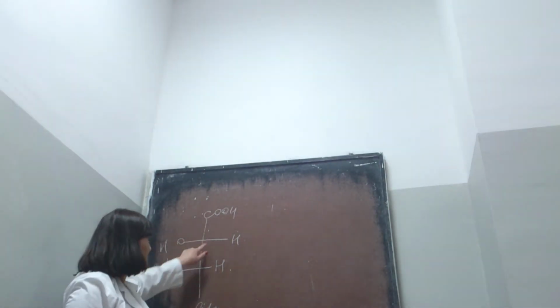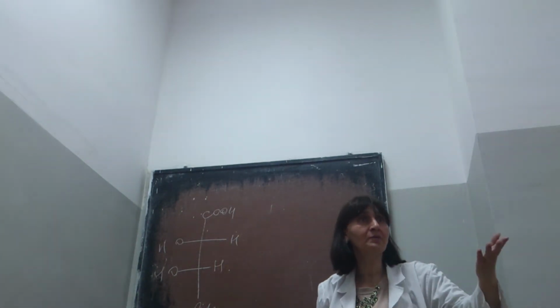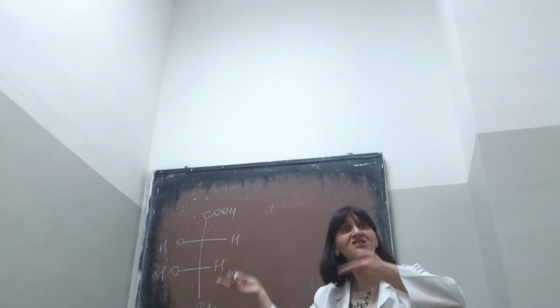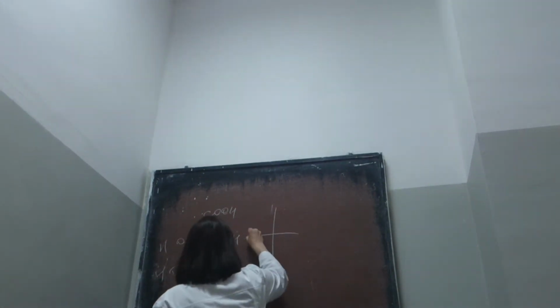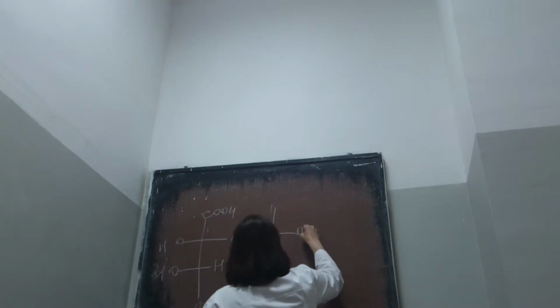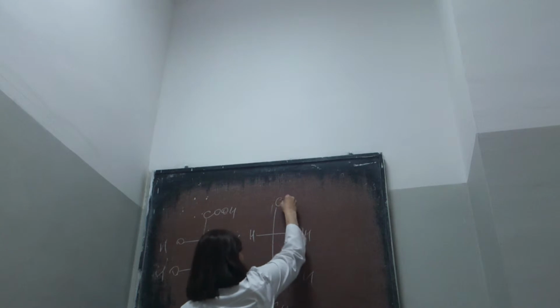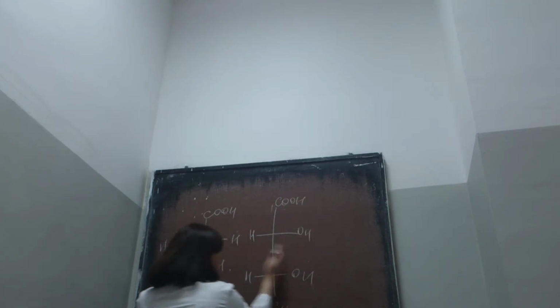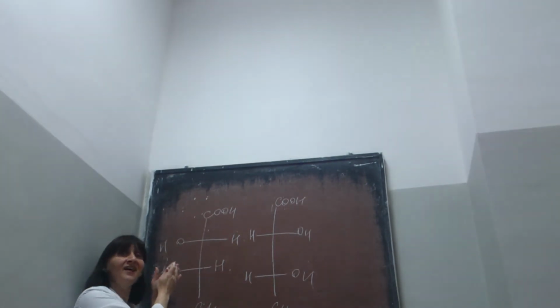In this one, you have two chiral carbons. If I want to draw its enantiomer, I have to write its mirror image like this: H, H, OH, OH, CH3, COOH. So these two structures are mirror images of each other, and they are enantiomers of each other.